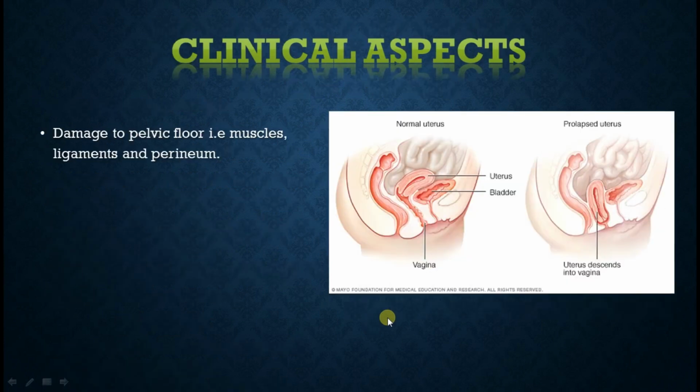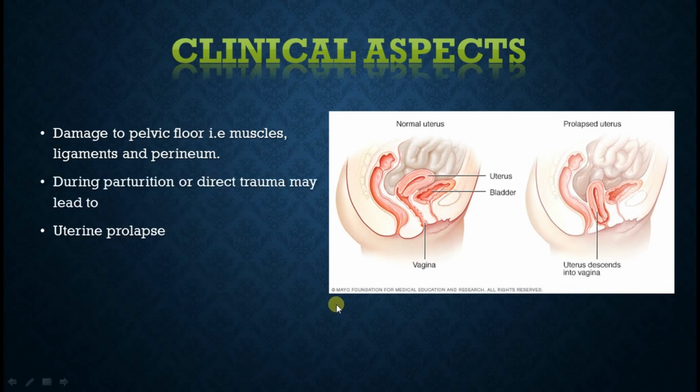Damage to the pelvic floor muscles or ligaments, mainly during parturition, direct trauma, or surgical procedures like hysterectomy, if not properly sutured, can lead to uterine prolapse. The uterus might descend down through the vaginal canal if the integrity of the pelvic diaphragm is lost.